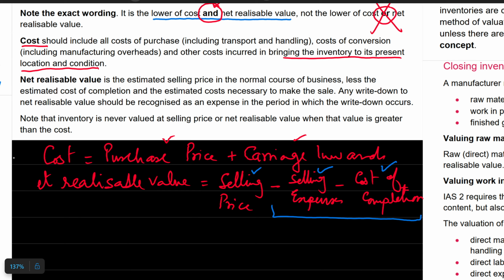For example, if the cost is 100 and net realizable value is 90, the value will be 90. And if the cost is 90 and net realizable value is 100, then the inventory valuation will be on cost.